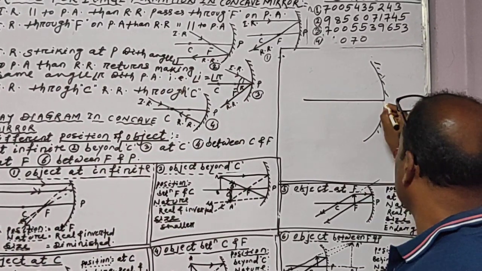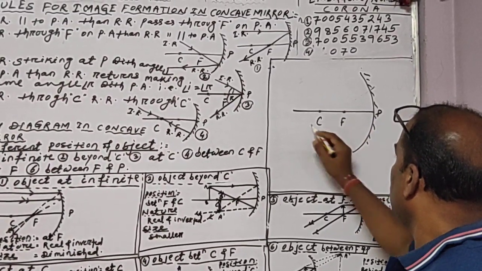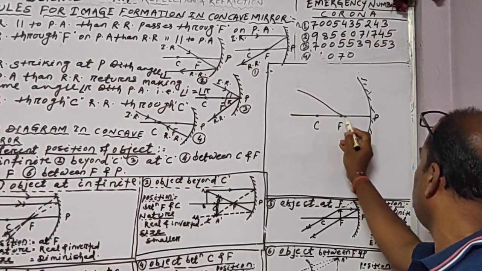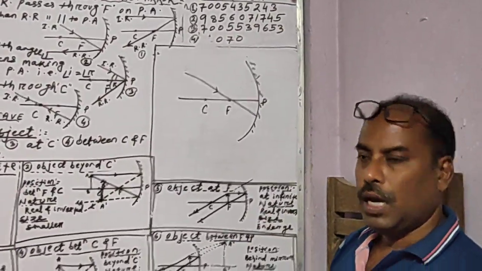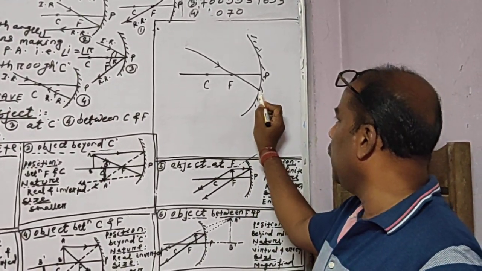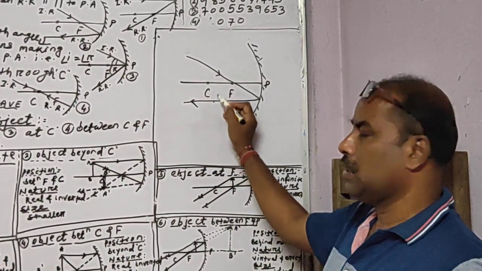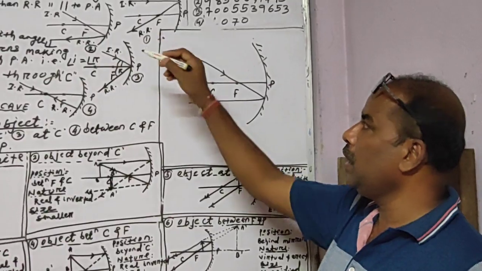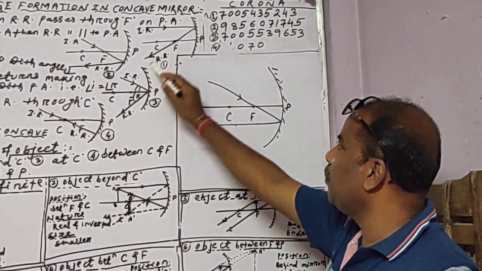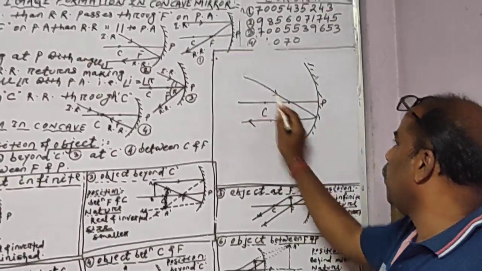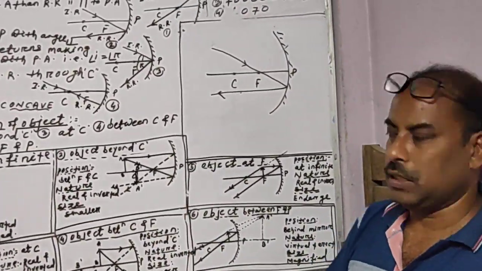Suppose this is the principal axis, this is C, this one is F. If the incident ray comes through F, after reflection it will return back parallel to the principal axis. So rules 1 and 2 are opposite to each other. The first one is parallel, then focus. If focus, then it will return back parallel to the principal axis.